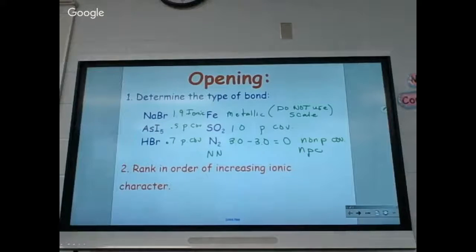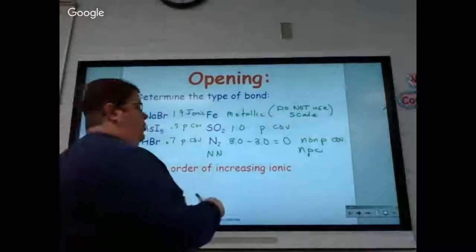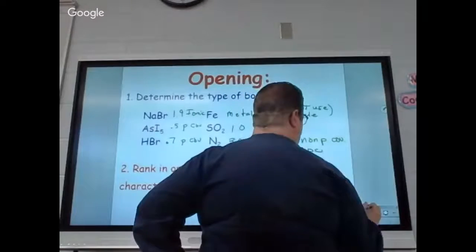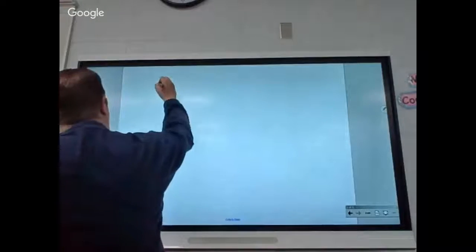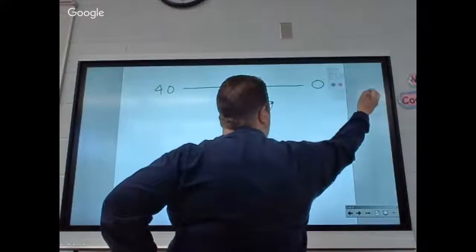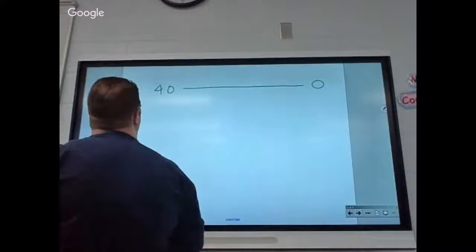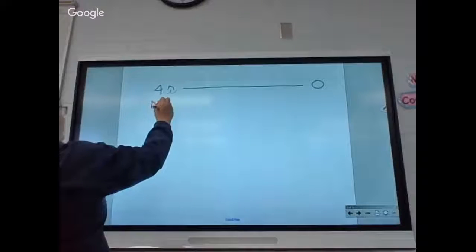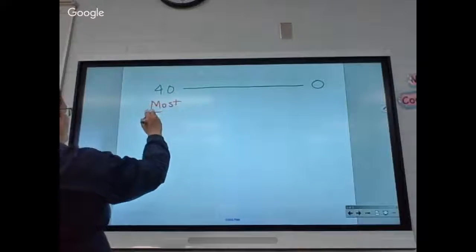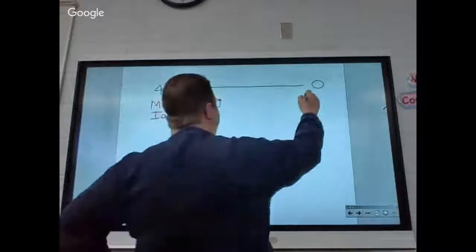Now, the last one, number 2: rank in order of increasing ionic character. I got to this in third period yesterday, which is why this question is up here. If you look at your scale, I'm going to flip to a new page, just so I have a little more space to write. If you look at your scale from 4 to 0, where is the most ionic bond between 4 and 0? 4. Okay. This is most ionic. Where is most covalent? Okay.